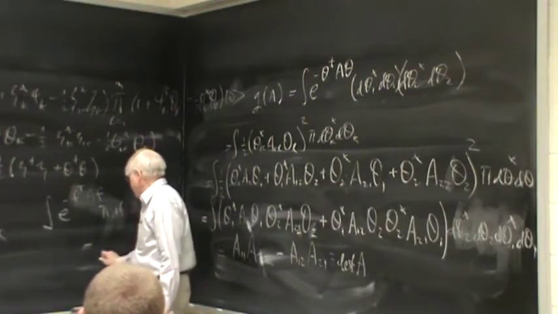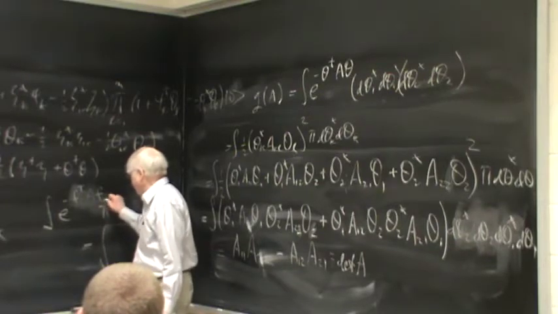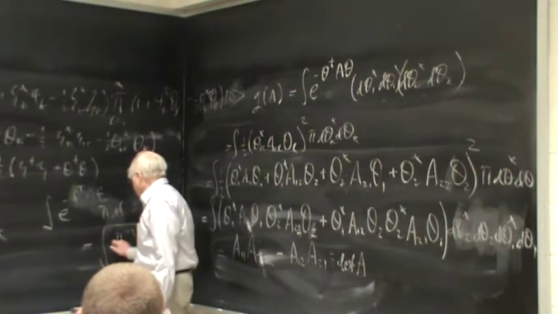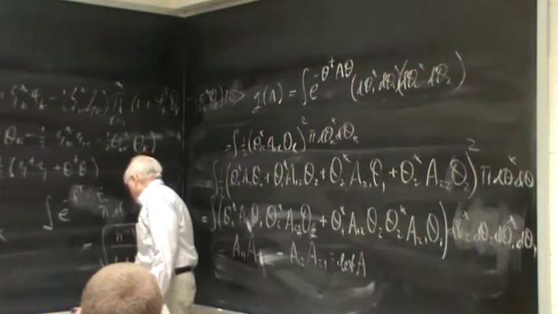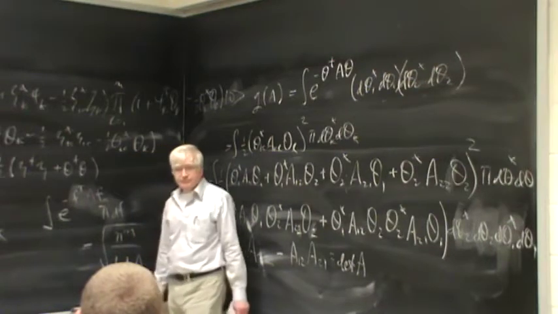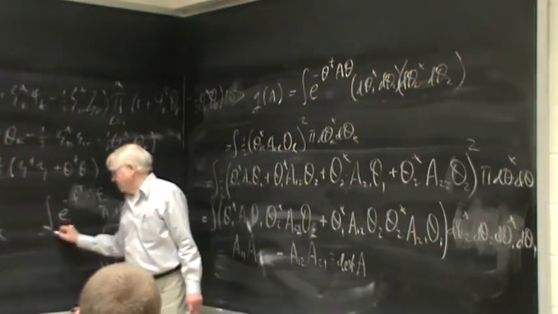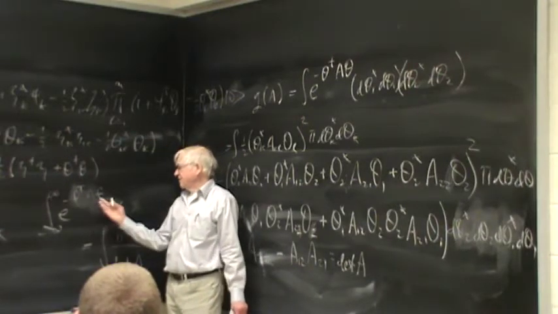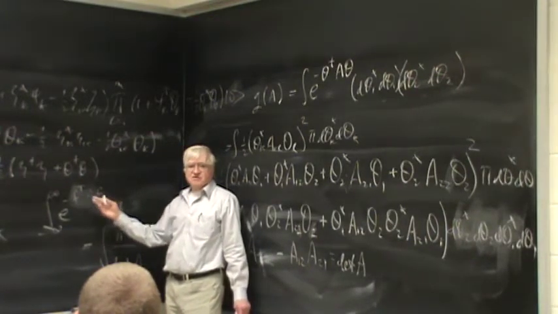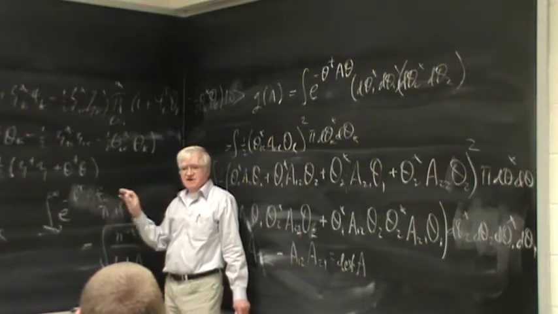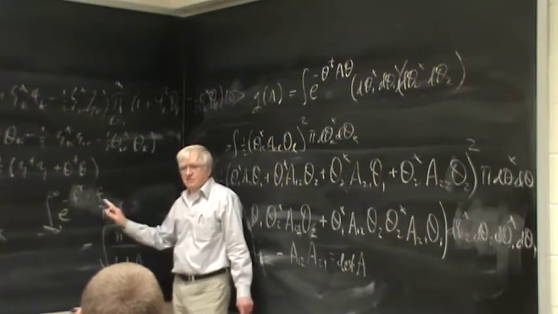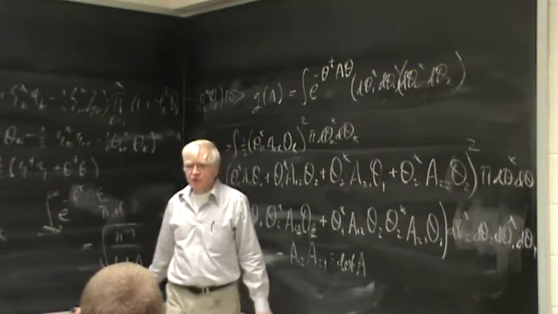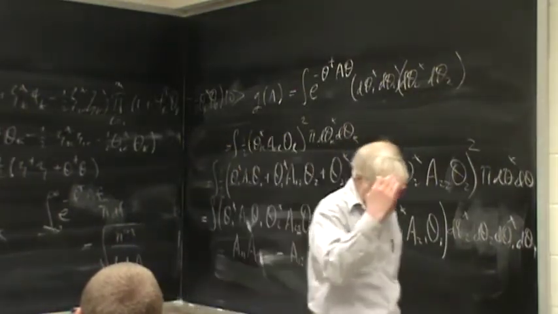This thing is square root of, and there are n of them, pi to the n over the determinant of A. The reason why you have to be a little careful here, and not just say F star F, is, it probably works, but let me just quote the one that I have memorized.